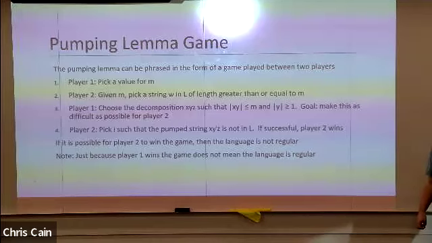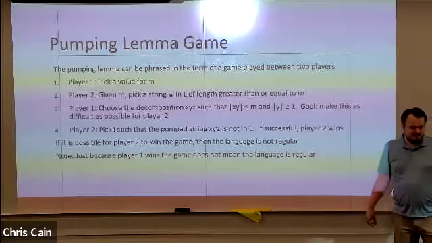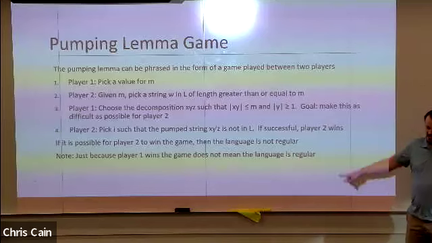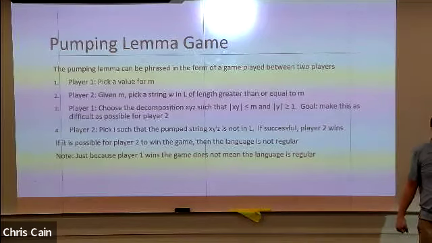So let's say the alphabet we're using here is AB. We can only have A's and B's. But you get to pick the string. So if player one says M is 5, pick a string that adheres to the language. So it has to be in the language.